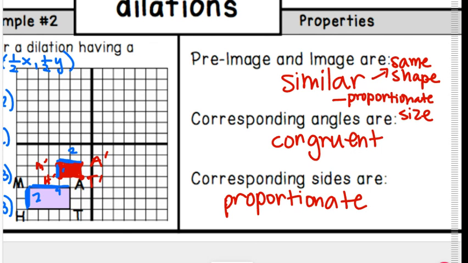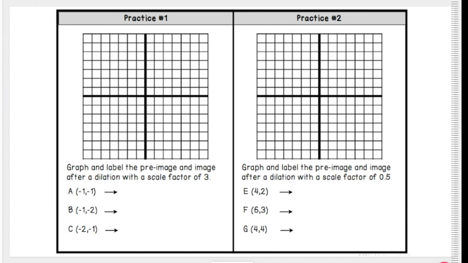Let's do another example. We're going to look at practice number 1. It says graph and label the pre-image and image after a dilation with a scale factor of 3.